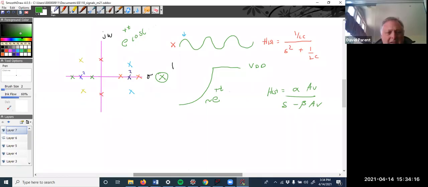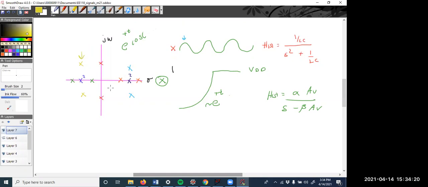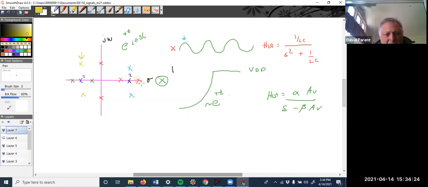Do you mean these guys here? Oh no, on the right, on the right side of the axis. Oh, these are orange? Yes. So it could be, if this was a pole by itself or this was a pole by itself.